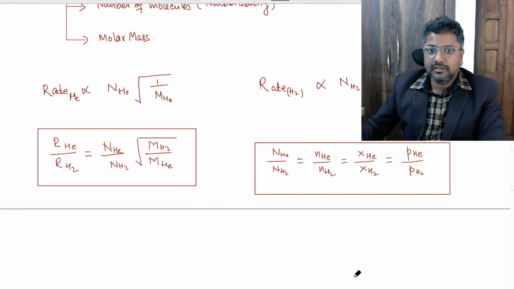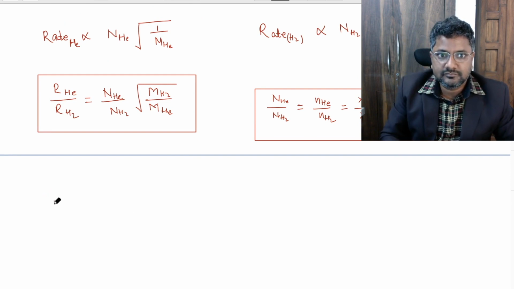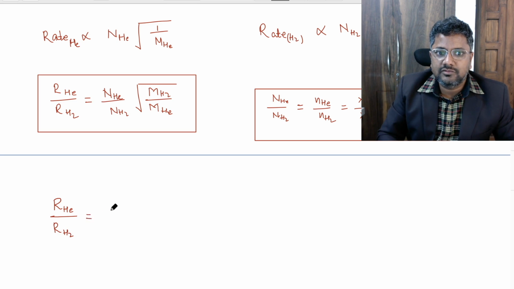So the simultaneous rate of effusion of helium by rate of hydrogen is equal to partial pressure of helium by partial pressure of hydrogen, into molar mass of hydrogen by molar mass of helium, to the power 1 by 2.